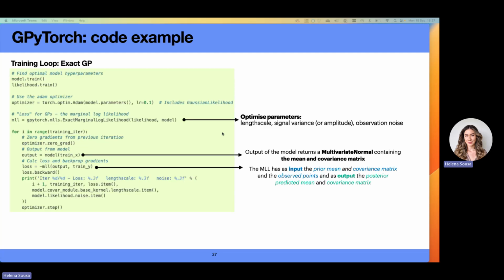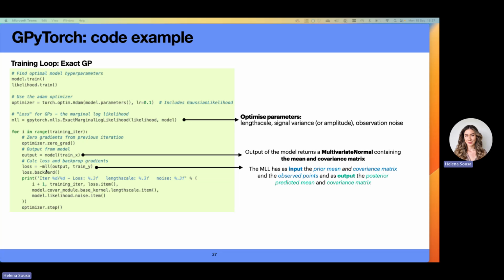The training loop is also quite similar for both an exact or approximate GP. We need to define our loss function, which for exact GPs is the marginal log likelihood. Then we just do a training loop, and our model outputs the multivariate normal, which contains the mean and the covariance matrix.